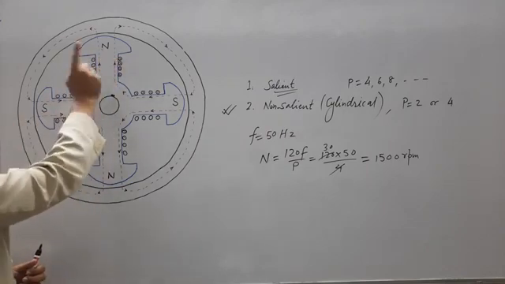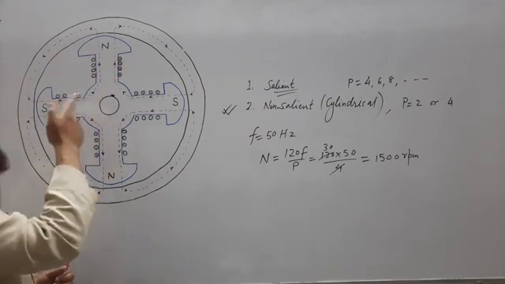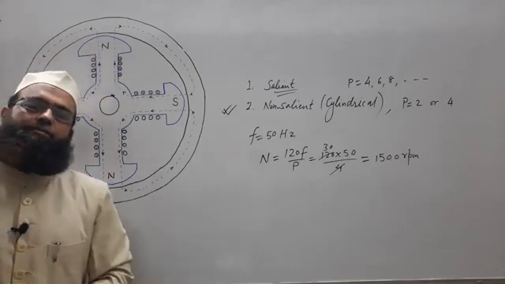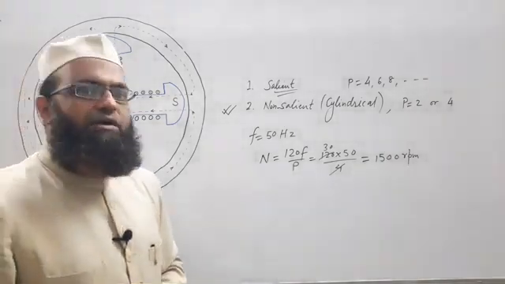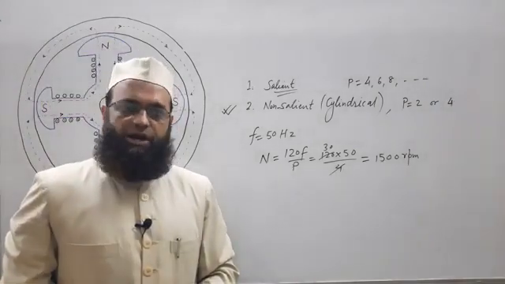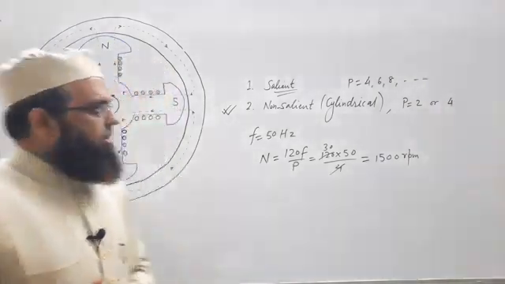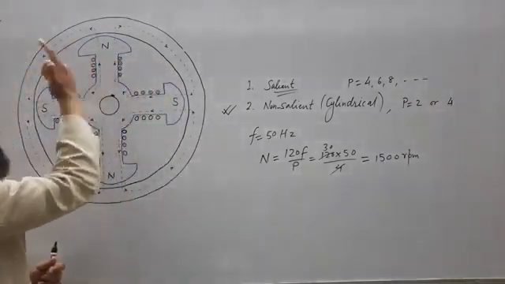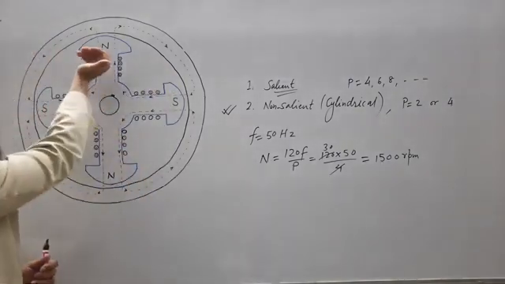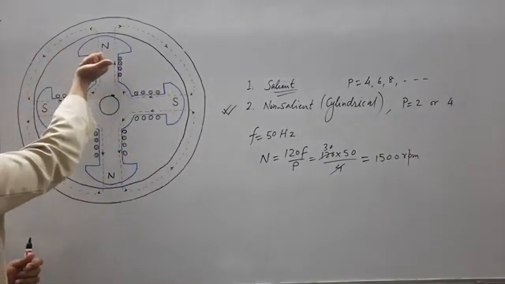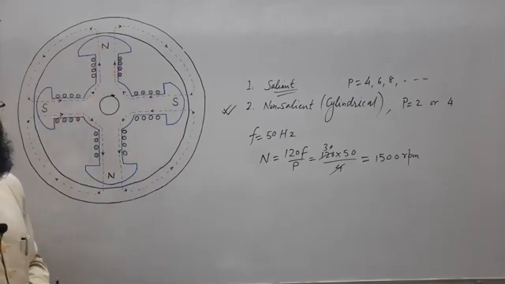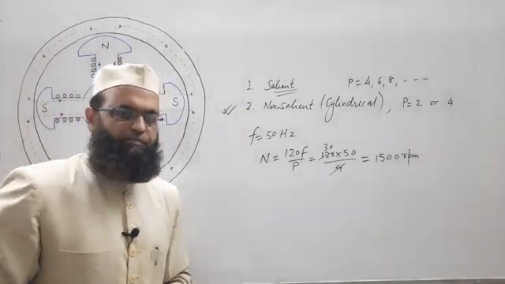We have one concentrated winding in which DC supply is provided. DC supply will be given, then DC current will flow if the circuit is completed. Once DC current is flowing, corresponding fluxes will be there. So here a north pole will be created.